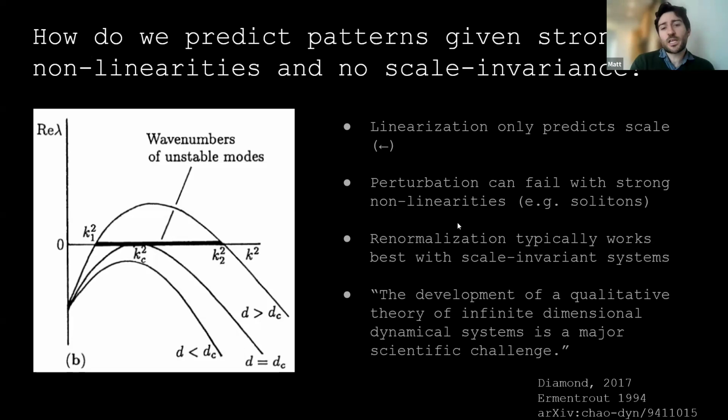And on the subject of renormalization, one of the reasons we find this so theoretically interesting, again, this early work, last couple of weeks really, is encapsulated by a statement from a now seminal paper by Jean Bricmont and Antti Kupiainen studying reaction diffusion equations with renormalization. They begin their paper in '94 with the statement: the development of a qualitative theory of infinite dimensional dynamical systems is a major scientific challenge.